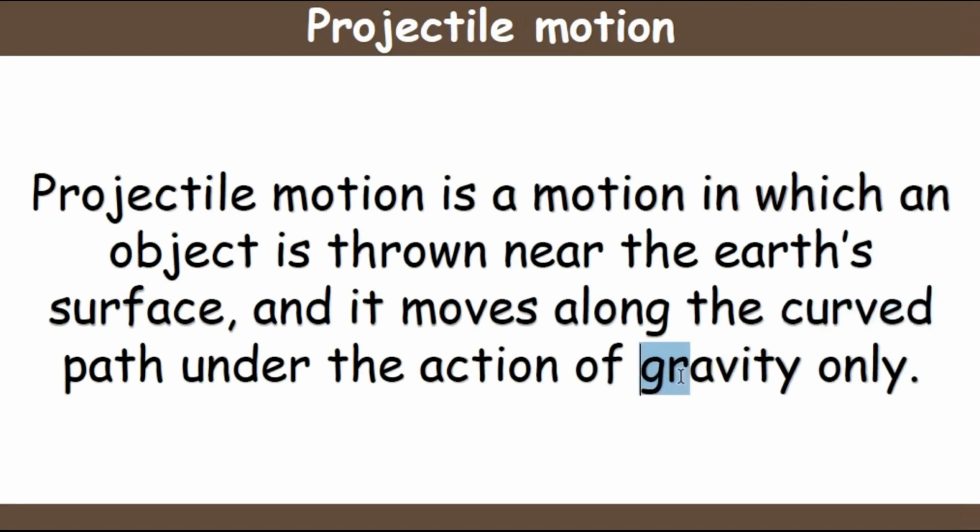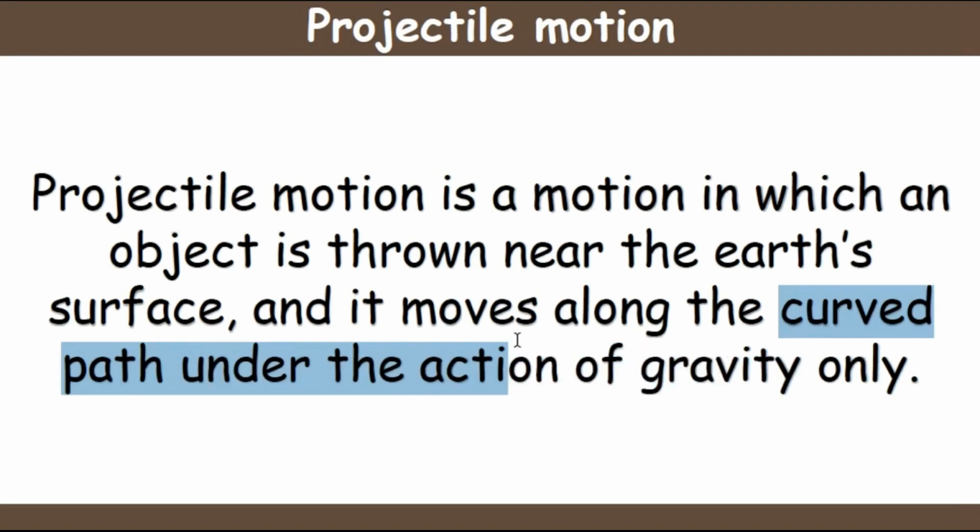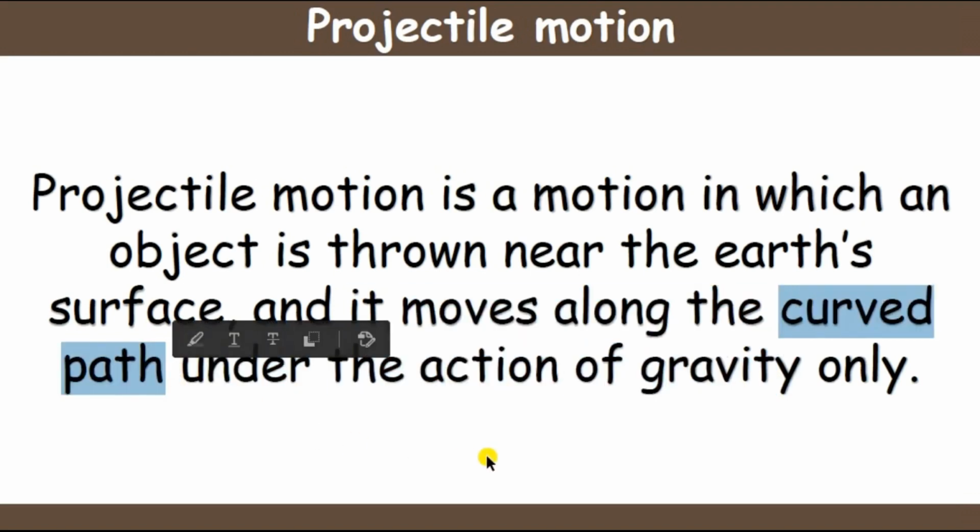Notice the term here: the only force which acts on it is gravity. Now there must be a question in your mind. To throw that object, we are giving an initial force, right? The initial force is the one which makes the object move, but the force which makes it follow the curved path is only the gravitational force.